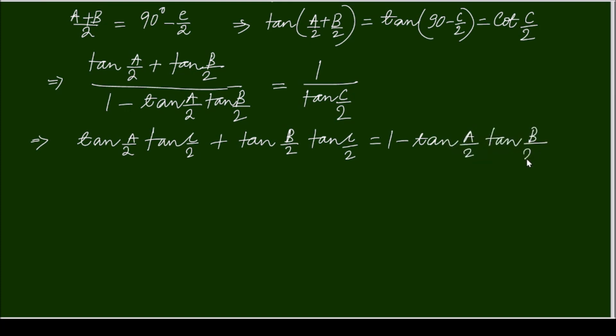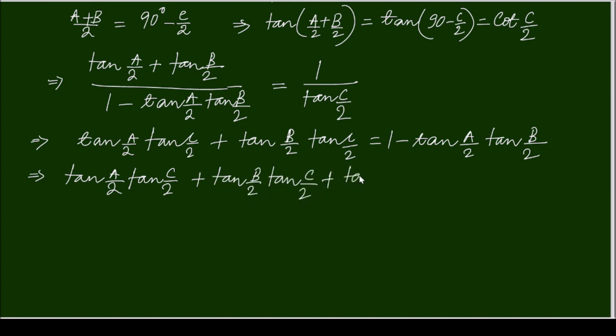Now shifting the last one to the left hand side, I am getting the desired answer: tan A by 2 tan C by 2 plus tan half B tan half C plus tan half A tan half B equals 1.